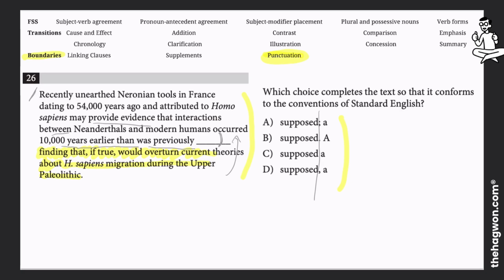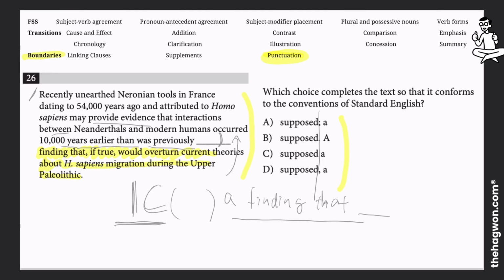How do we attach this, a finding that? Now, if you think about this big idea, an independent clause, and you have some kind of punctuation, there's a big idea here of finding that if true would overturn current theories about Homo sapiens migration during the Upper Paleolithic.